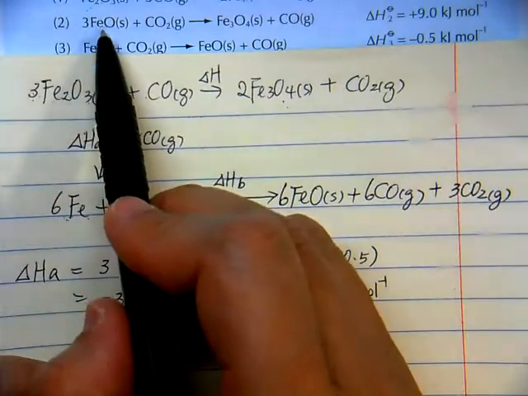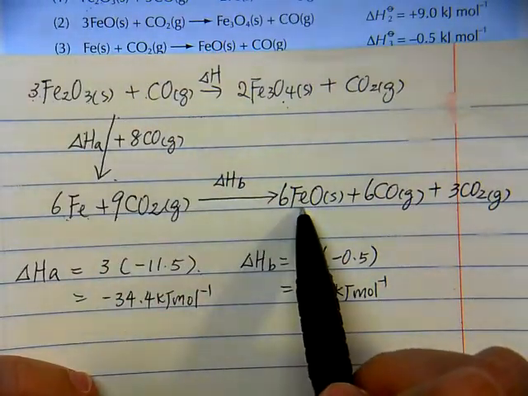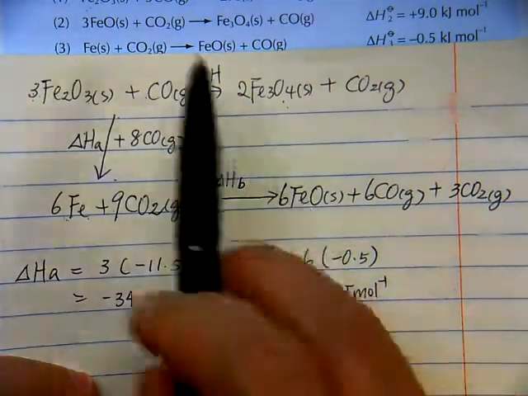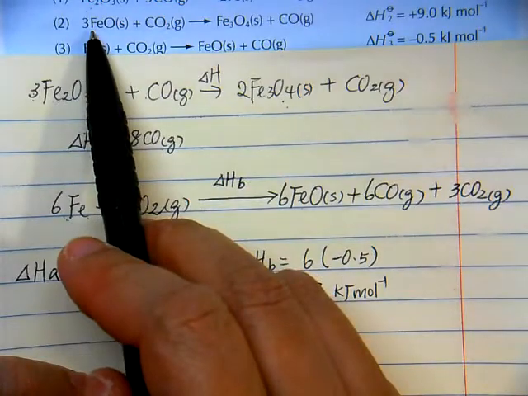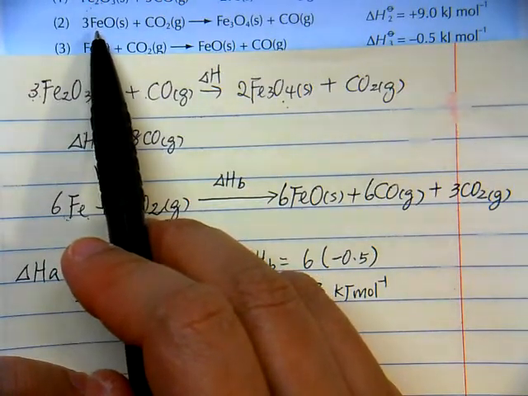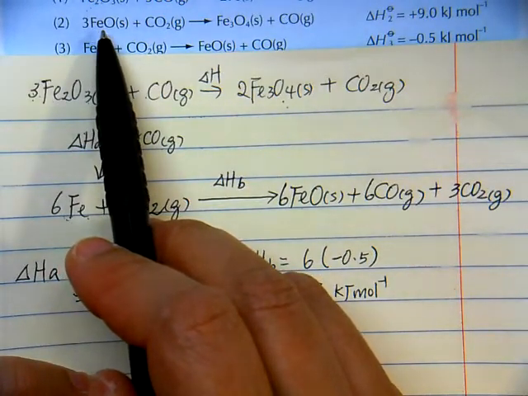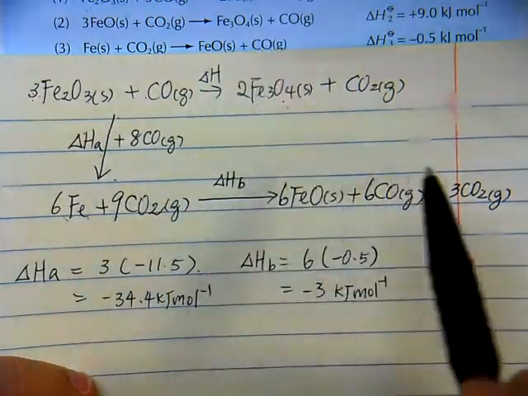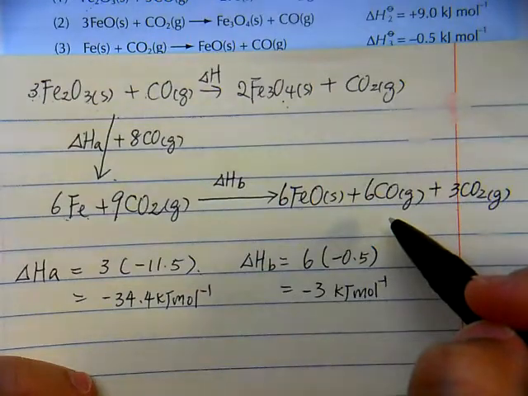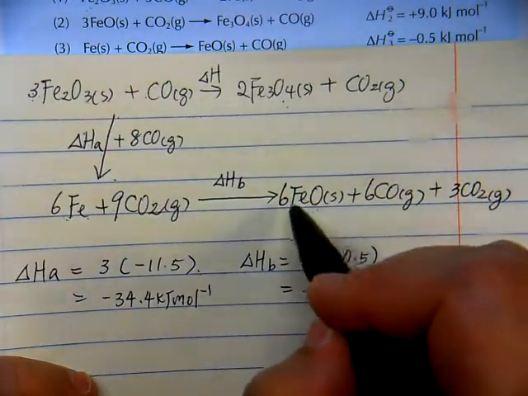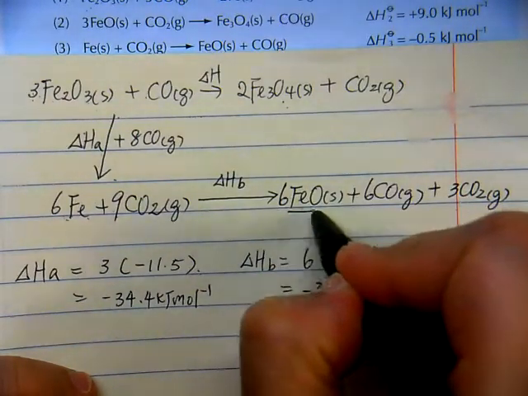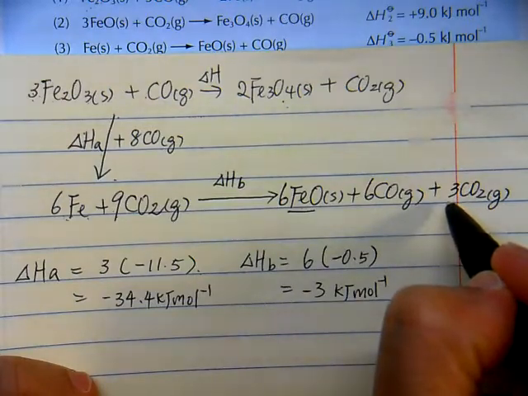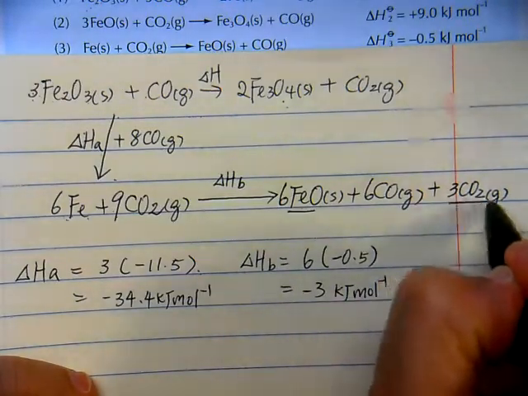Lastly, we have 6 FeO, 3 FeO. Okay, then two times 2.